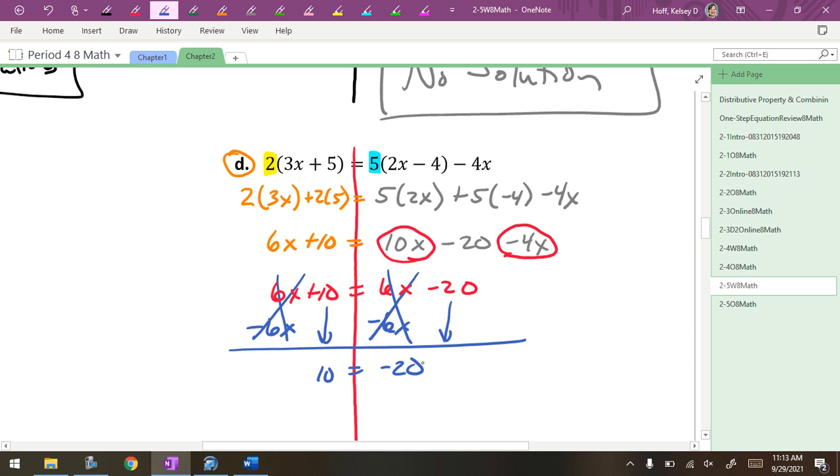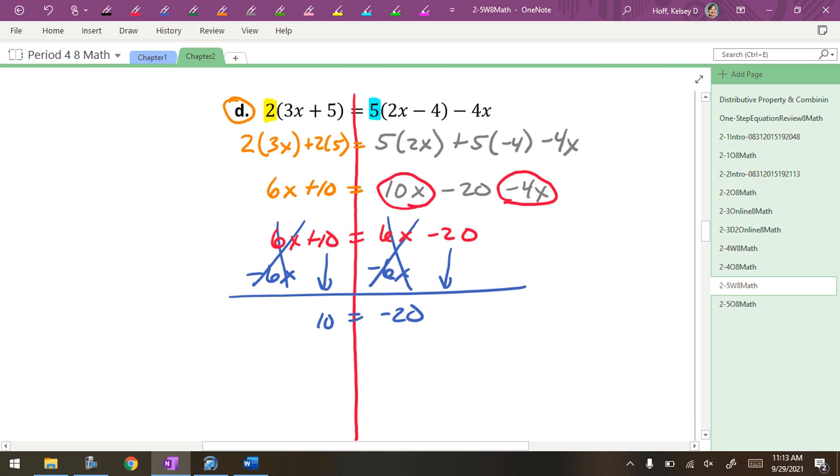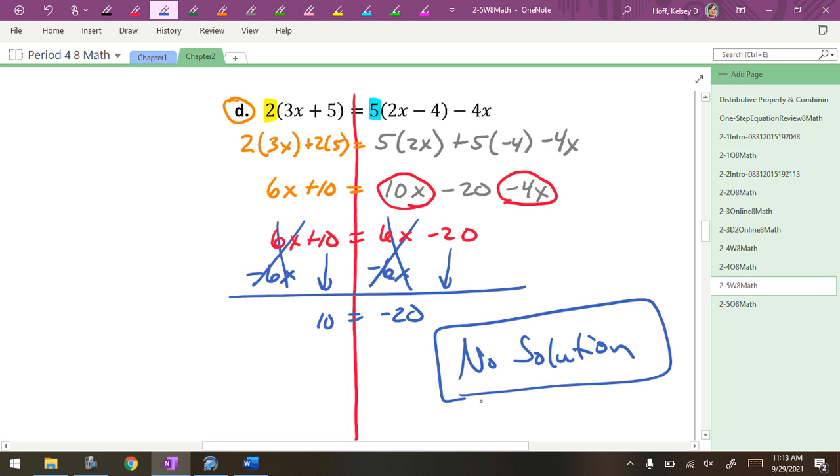I got it all the way down to 10 equals negative 20. Is that what you got? So what is my answer to this? No solution. So many times people write 6x minus 6x and then they cancel and put an x down. If you put an x down, what number's in front of that? A 1. So you're telling me 6 minus 6 is 1?